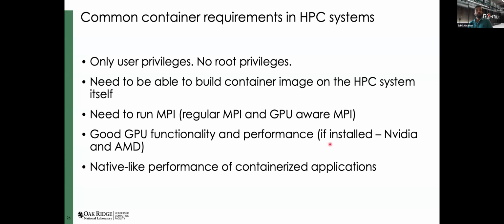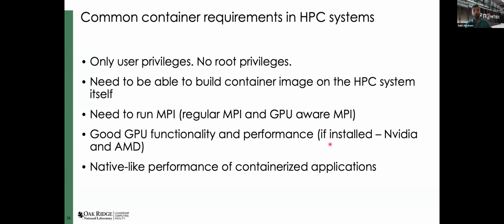You need to be able to build the container image on the HPC system itself. Often, if you have an x86 machine at home with Linux, maybe you can build your container there and then copy it over to your HPC system, which is also an x86 architecture machine. Sometimes your HPC system may be ARM or PowerPC, which are not common architectures that you see on home computers.